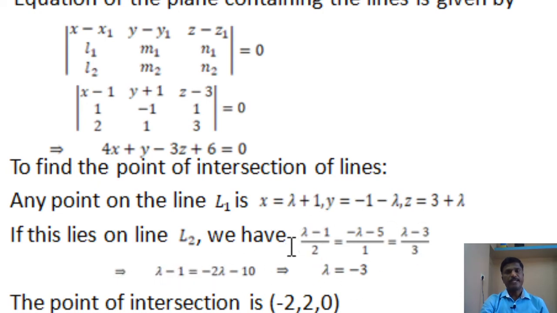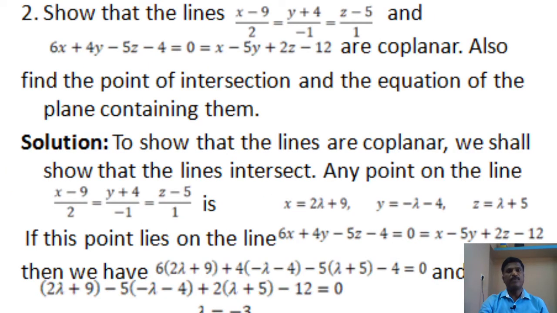So by considering any two we get lambda equal to minus 3. Substituting the value of lambda in x, y, z, we get the point of intersection as (minus 2, 2, 0). Let us see one more problem.